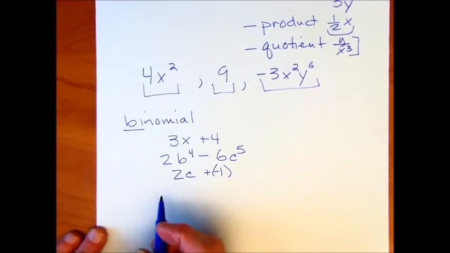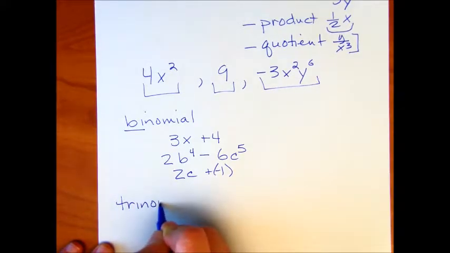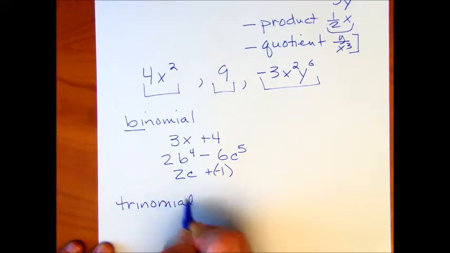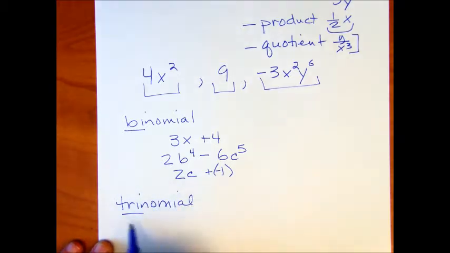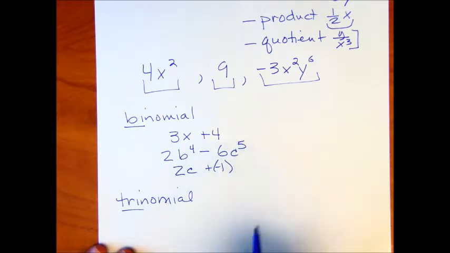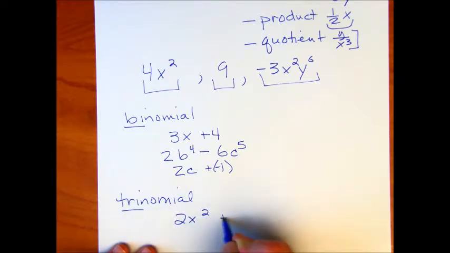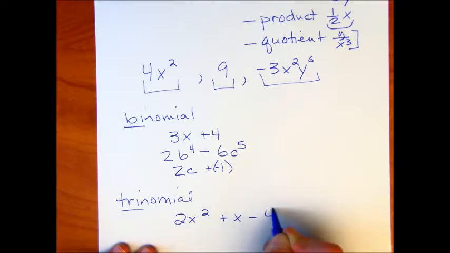Another common polynomial that we'll see is called a trinomial. And again, tri means 3, so we're going to see 3 terms within the expression. When we talk about quadratic formulas or quadratic equations later, you'll see it set up something like 2x squared plus x minus 4.